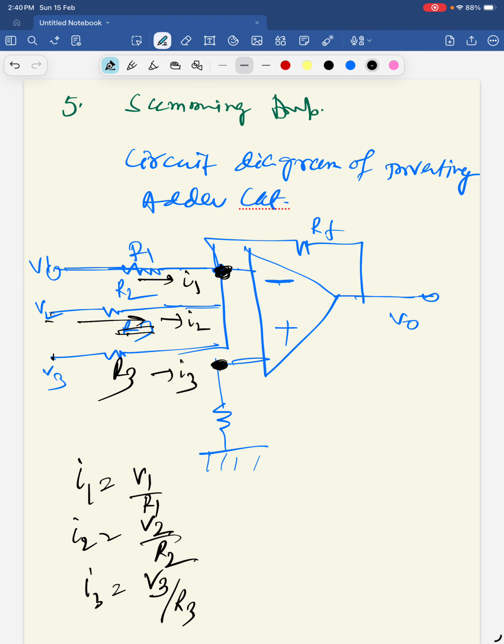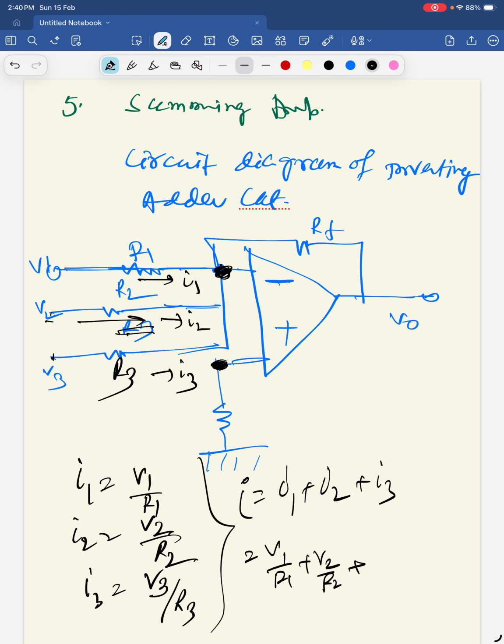Now this together current, make a sum of this current I. So I is equal to I1 plus I2 plus I3. Then what will happen? V1 by R1 plus V2 by R2 plus V3 by R3. So this is the total current I. Now suppose this feedback current IF.